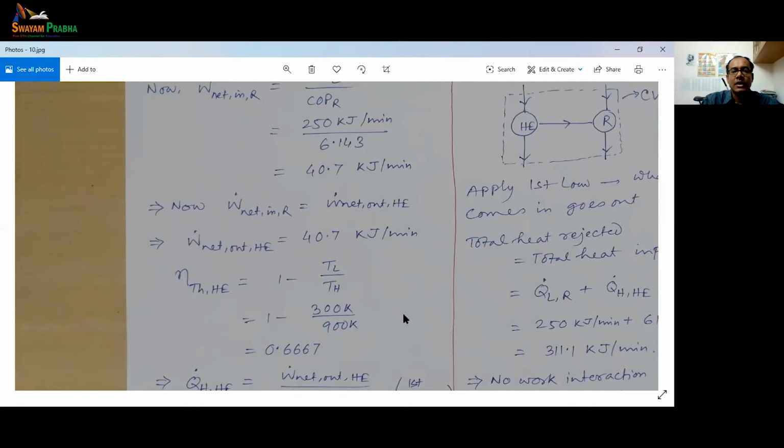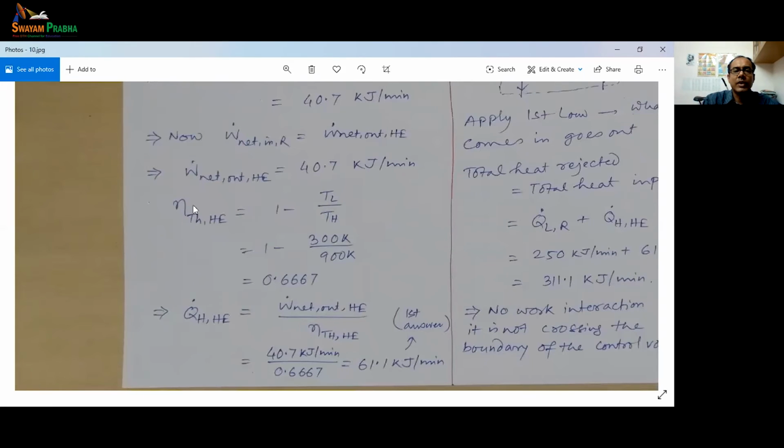Okay, now we can also find out for the Carnot heat engine what is the thermal efficiency, and thermal efficiency depends only on the reservoir temperatures for a Carnot engine. Okay, so we can find out 1 minus TL by TH, that's the thermal efficiency of the Carnot heat engine.